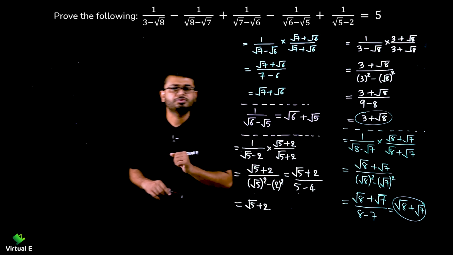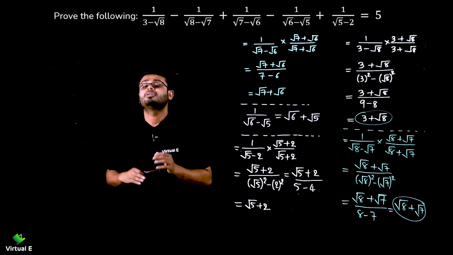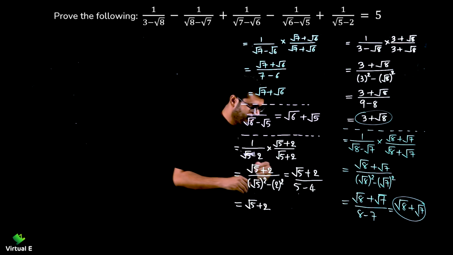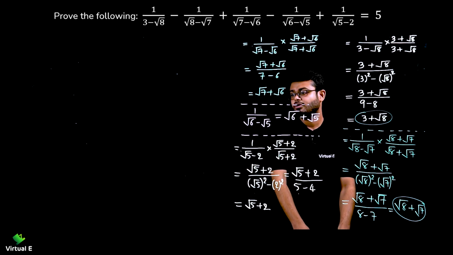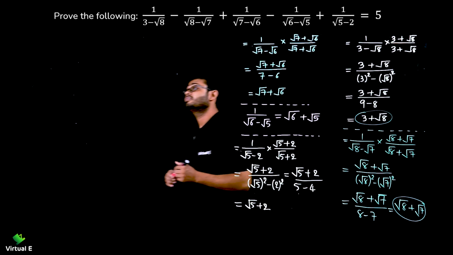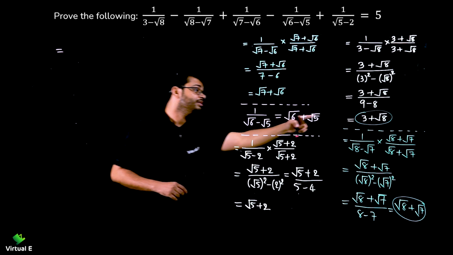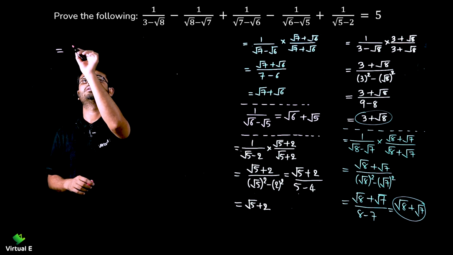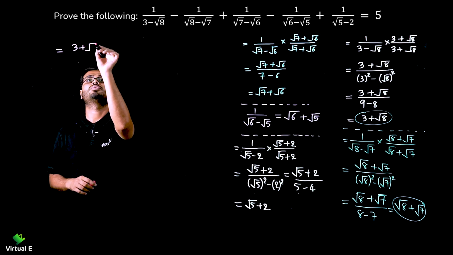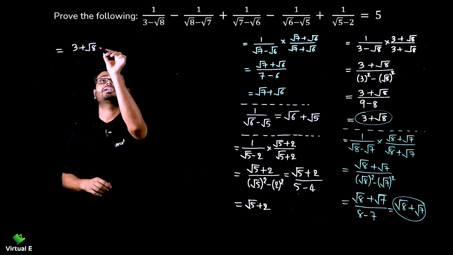Now what are we supposed to do? We just place in whatever is given over here, and let's see if we are getting the 5 or not. So let's start with the first term. What are we going to replace it with? That is 3 plus root 8. So 3 plus root 8, then it is negative sign.